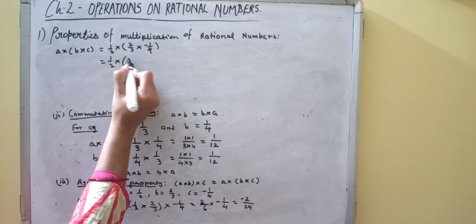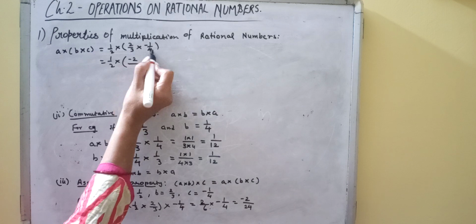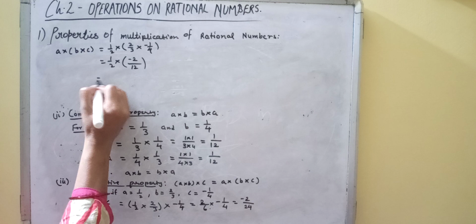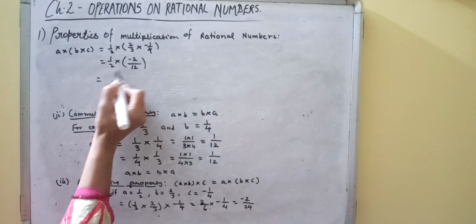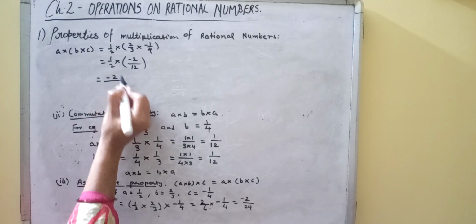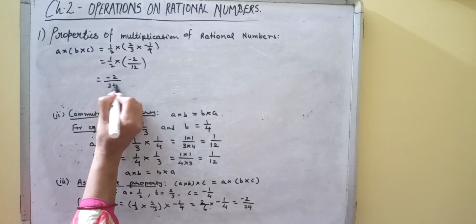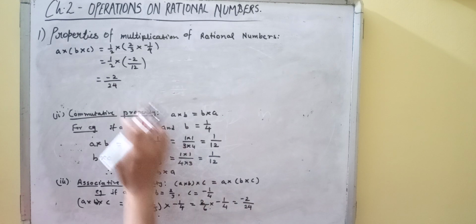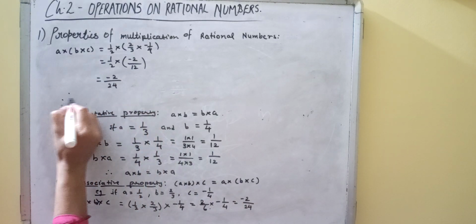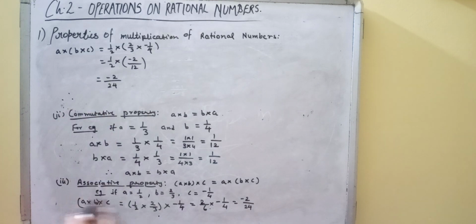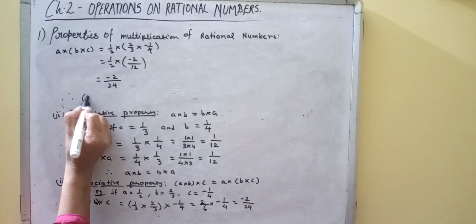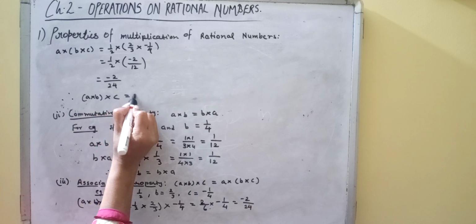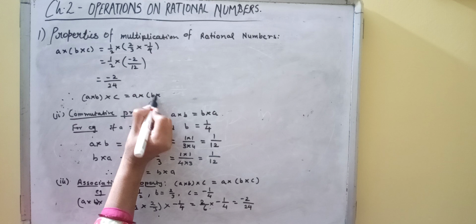So 2 into minus 1 is minus 2, 3 into 4 is 12. Now multiply 1 with minus 2, that is minus 2, and 12 to the 24. So what we see here? Both the sides are equal. Therefore, we verify the associative property, that is A into B into C equals A into B into C.